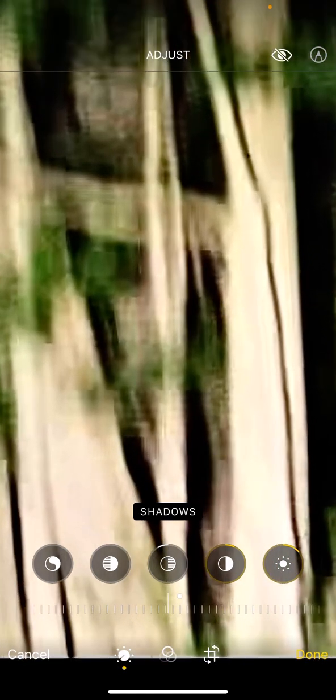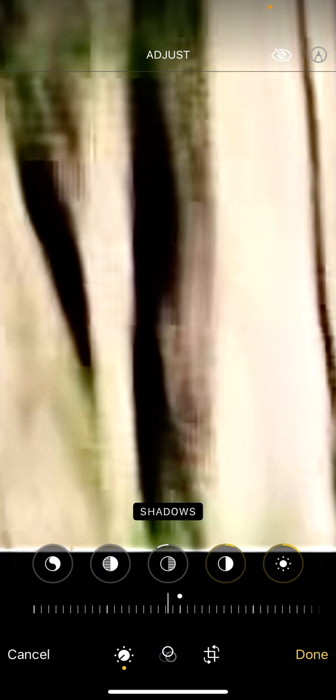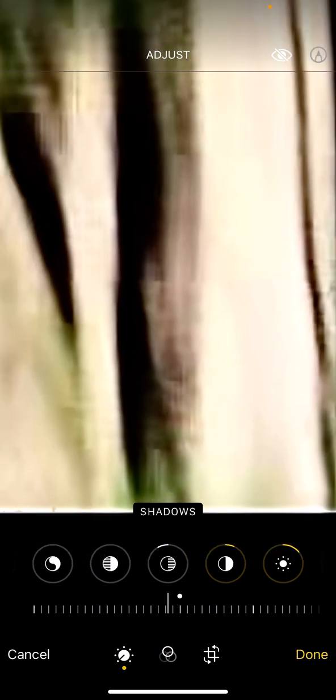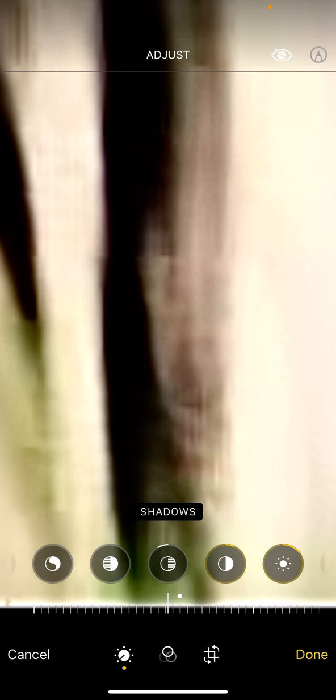Back behind that tree. And I'm sure there's one right here too at the bottom. Let's check him out. See his little eye right there. His mouth and nose.